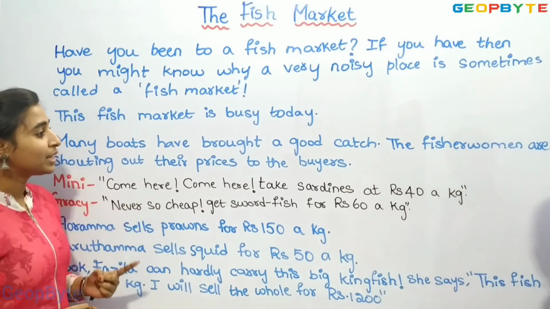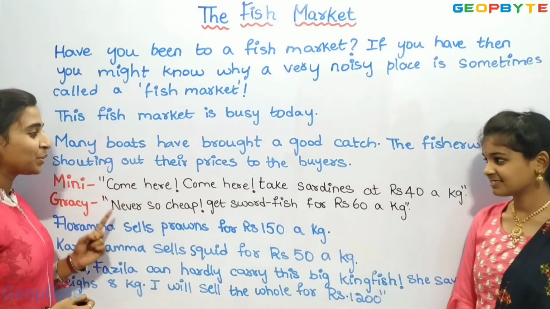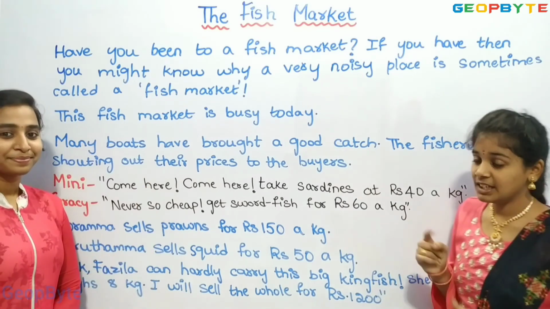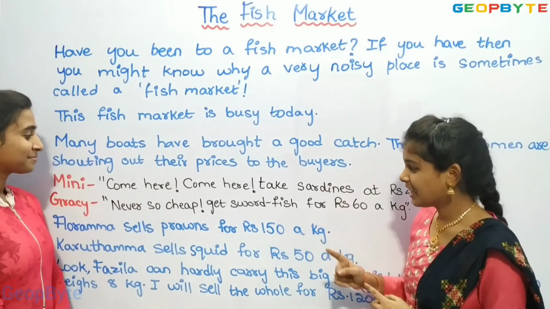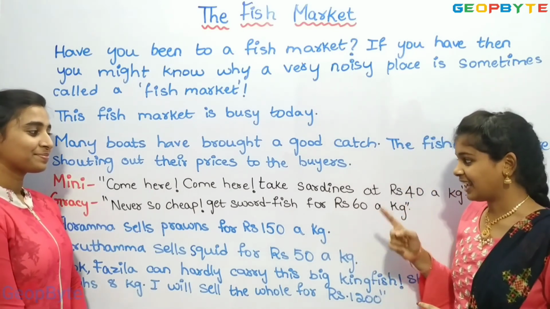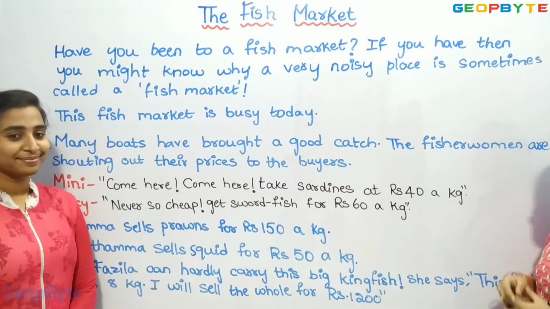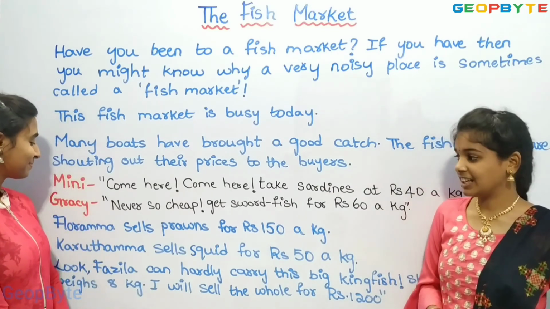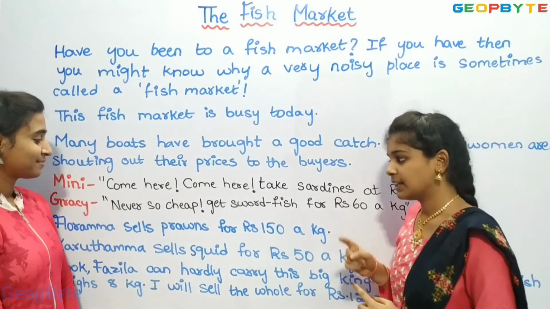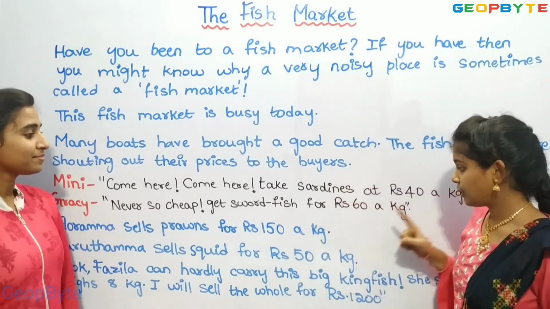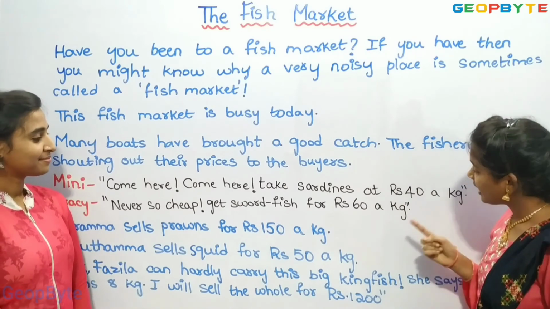The fisherwomen are shouting out their prices to the buyers. Minnie says, "Come here, come here. Take sardines at ₹40 a kg." Then Gracie says, "Never, so cheap. Get swordfish for ₹60 a kg."